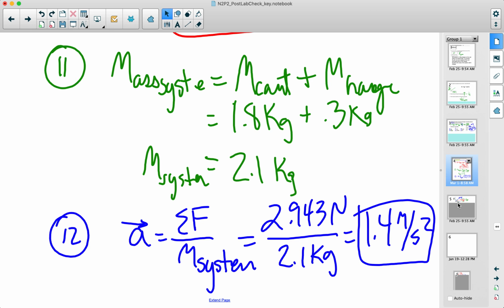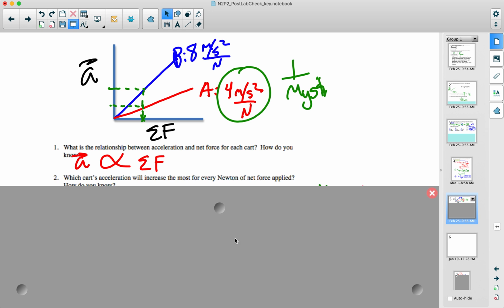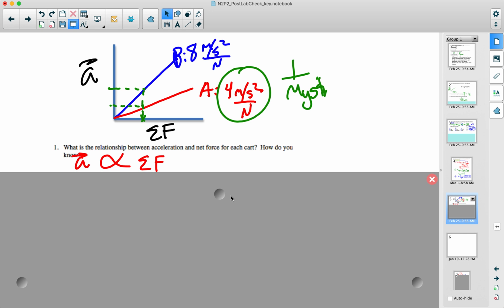Let's take a look at what's on side 2. These are also listed as 10, 11, and 12 in your paper, but they were greater numbers on earlier ones. So looks like the values I have here are similar to the worksheet. We've got an acceleration versus net force graph. We've got 2 lines. The less steep line is marked as, oh, you know what? On your sheet, it's marked backwards with the letters.